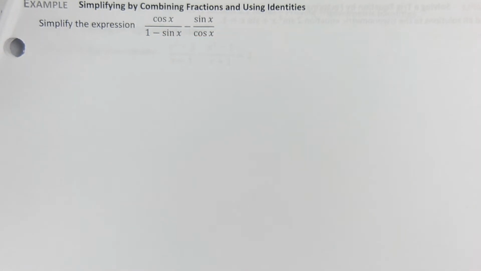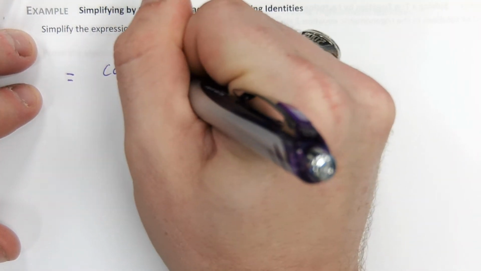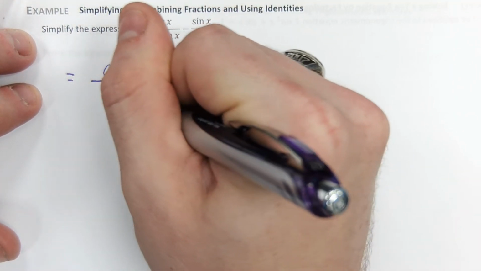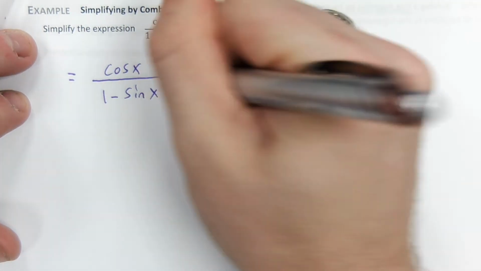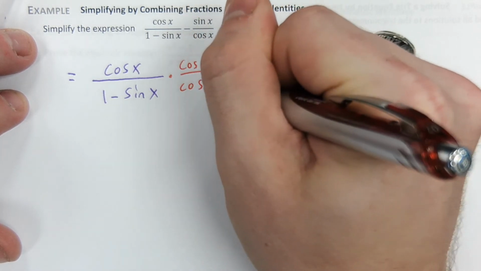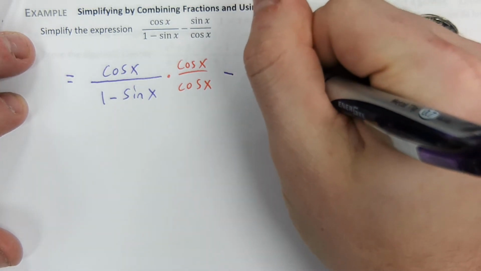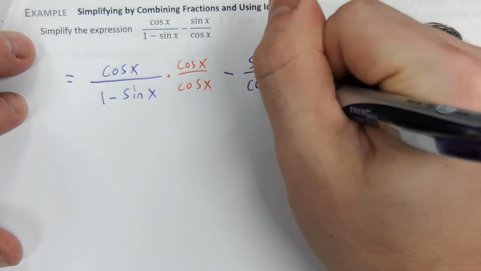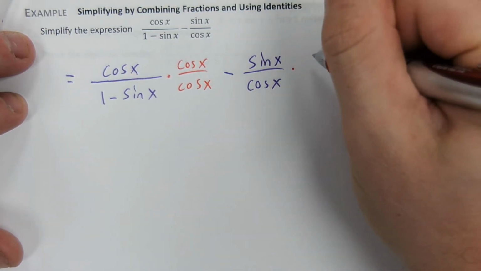So that's where we'll begin. Multiply by cosine x on the top and bottom for the left one. And for this one, we'll multiply by 1 minus sine x on the top and bottom.